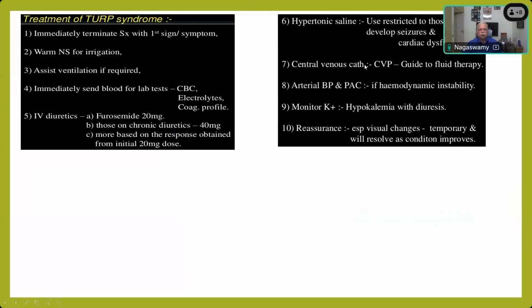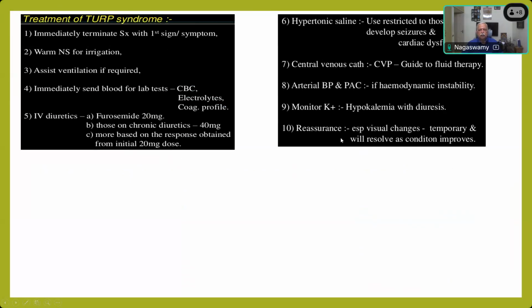If necessary, measure the central venous pressure, arterial BP, and pulmonary artery catheter if necessary, if hemodynamic instability is there. Also start monitoring potassium. Don't concentrate only on sodium because we are going to give fluids. We have to monitor potassium also because hypokalemia can also occur with diuresis.